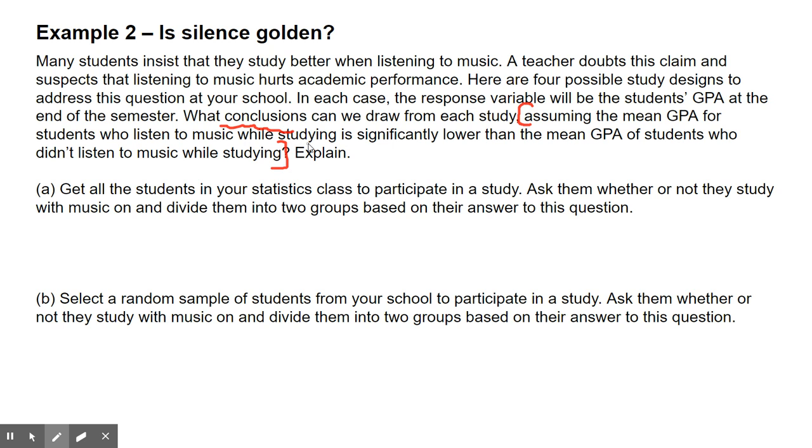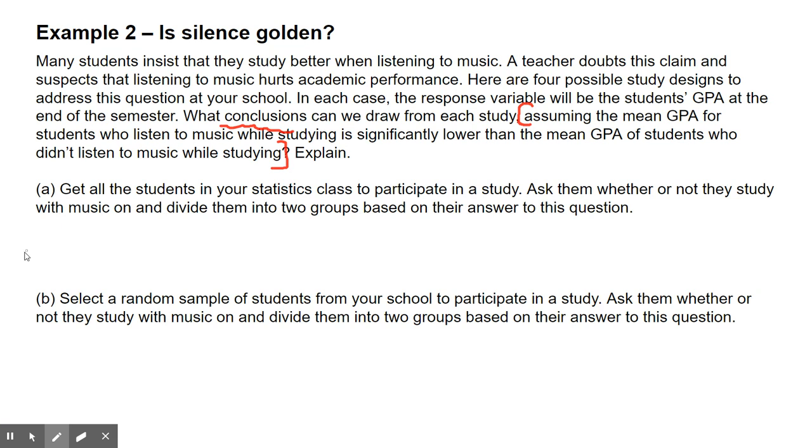Okay, and again, this is our result. So A, get all the students in your stats class to participate in a study. Ask them whether or not they study with music on and divide them into 2 groups based on their answer to this question. So do you see random sampling involved? Do you see random assignment? And frankly, I see neither.